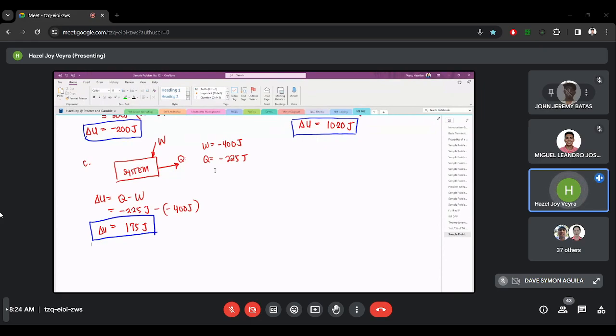So next, meron akong sample problem na ibibigay sa inyo. So isolve nyo na lang ito, no? Try nyo munang isolve on your own before nyo i-search yung sagot sa internet.